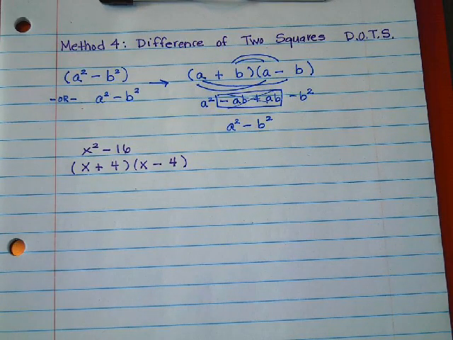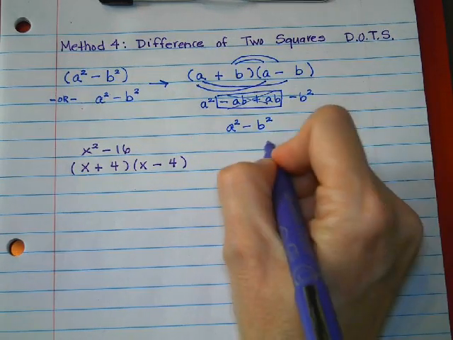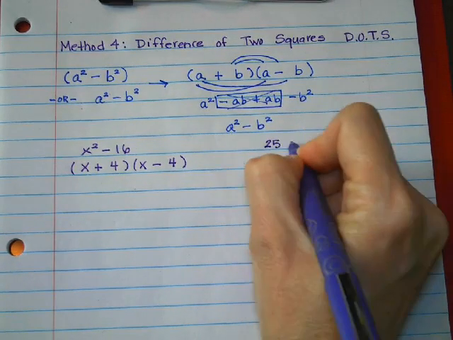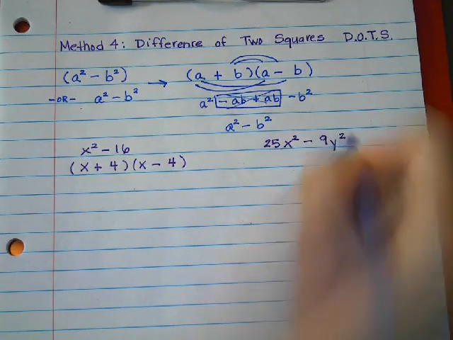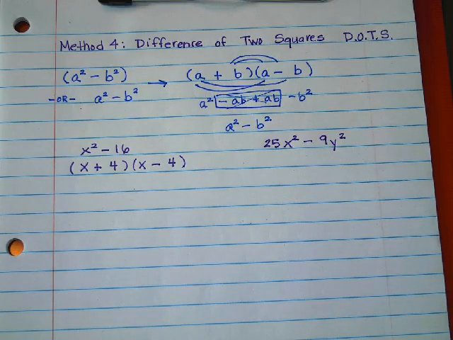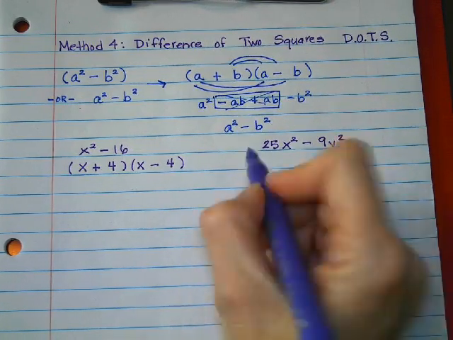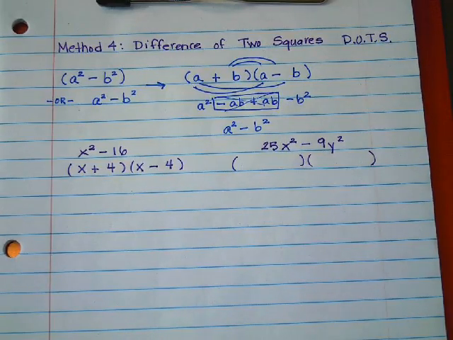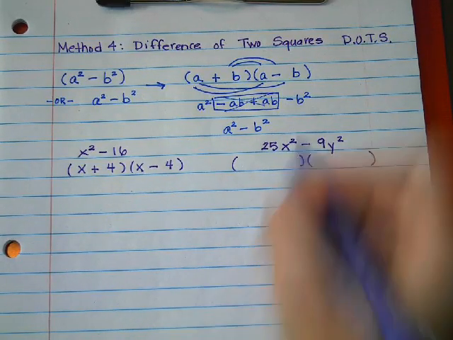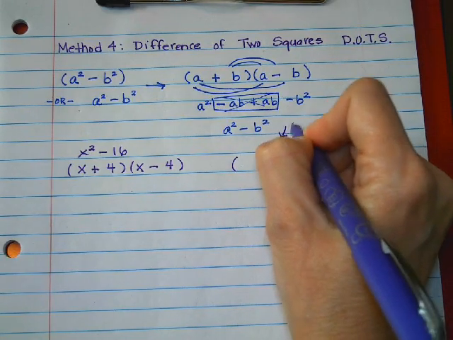But sometimes you will have values in front of your x squared. So let's say, for instance, we get 25x squared minus 9y squared. Now we're throwing in some other values, but we still use the same concept. We're still going to have our two sets of parentheses. For dots, we take the square root of the a value. This whole thing is your a value.